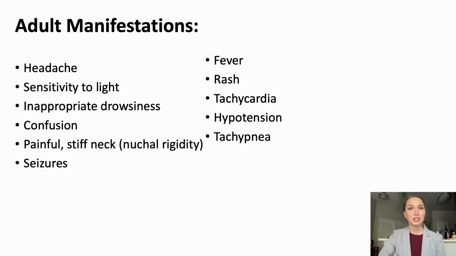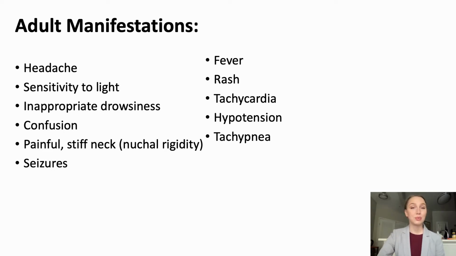The manifestations of bacterial meningitis are a direct result of the pressure building in the central nervous system and the spreading infection. Symptoms from the building pressure include headache, sensitivity to light, confusion, painful stiff neck, seizures, and inappropriate drowsiness. Inappropriate drowsiness is when the drowsiness doesn't quite fit the context.